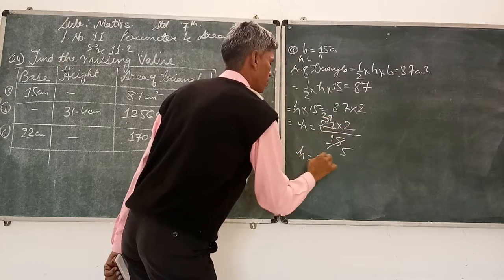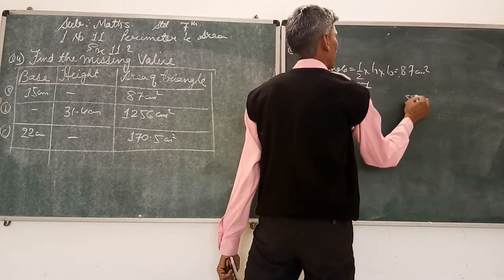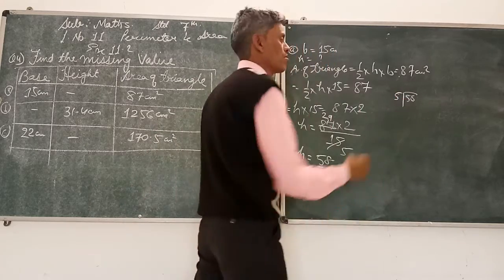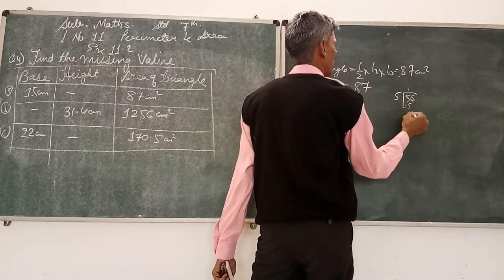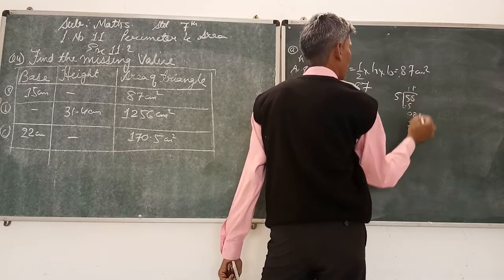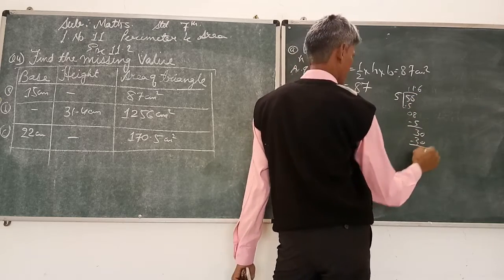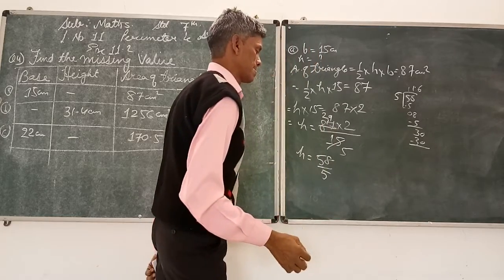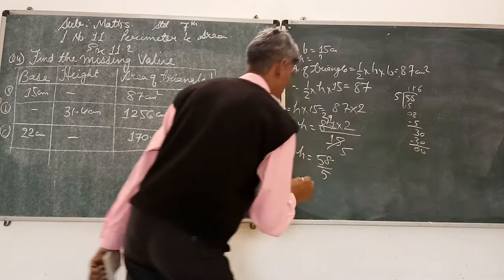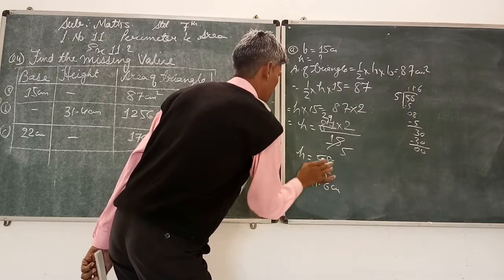So it is 58 upon 5. If you divide 58 by 5, 5 11s are 55, minus, 3, decimal, 5 6s are 30. So the answer is 11.6 centimeter.